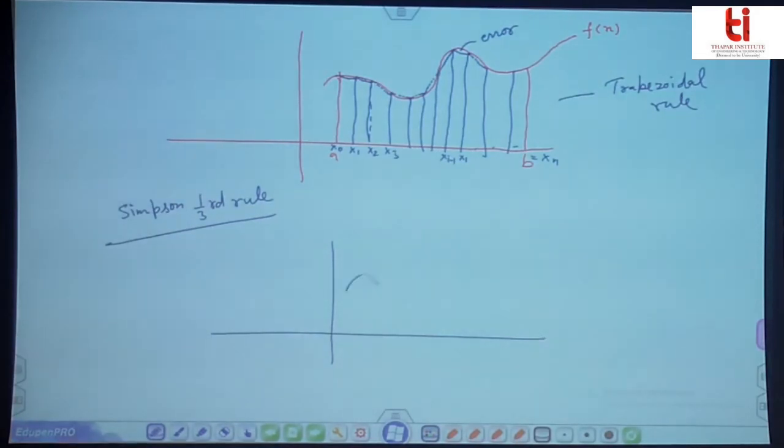Suppose the function is like this, this is your x0 point, this is your xn point. Now we are dividing this interval into small subintervals.